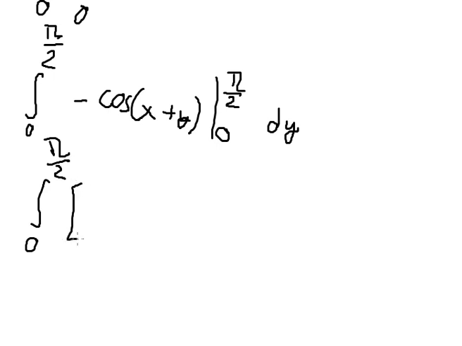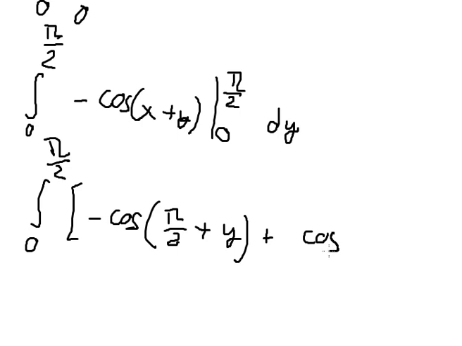So we have negative cosine of b over 2 plus y plus cosine y. This one you get 0. So we have cosine y dy.